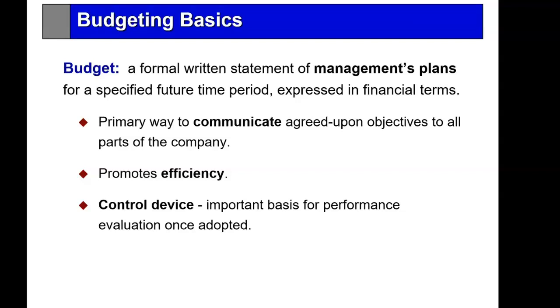So the budget becomes a primary way of communicating among managers and agreeing upon the objectives of the company and how you fit in to meeting those objectives. So you're one part of that company.